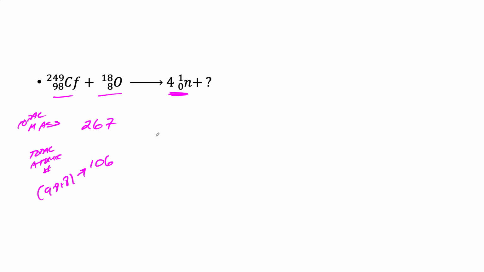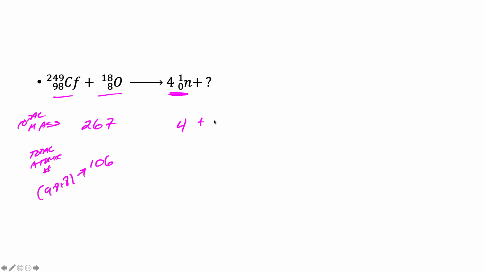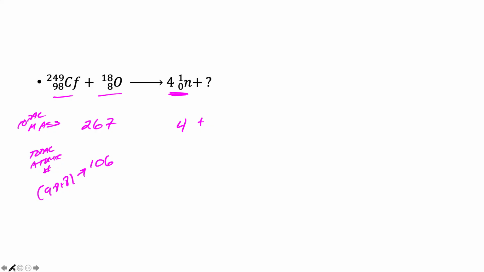Now, on the right, I have 4 neutrons, so I have 4 mass plus something. Whoops, I have to go back. Sorry about that. I pressed something. Plus something will give me 267. So that something is going to be 263. That's the mass number for my compound. For the atomic number, I have 4 zeros, so the atomic number is going to be 106.